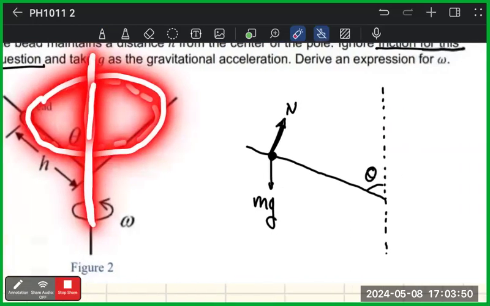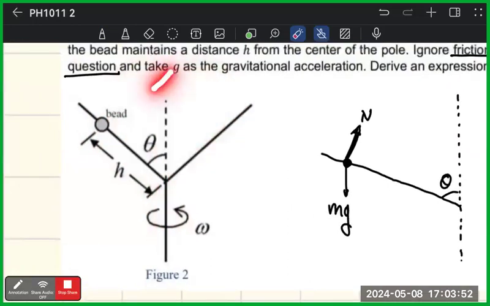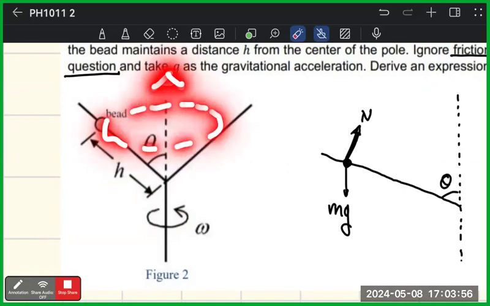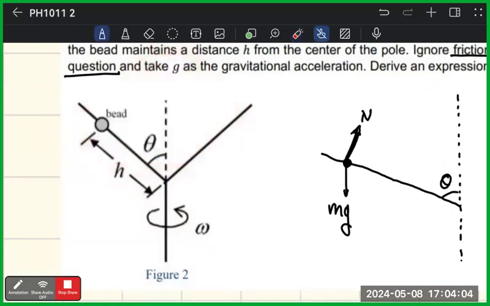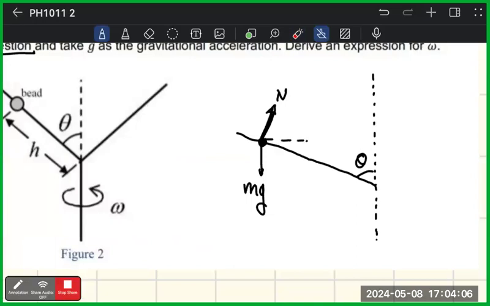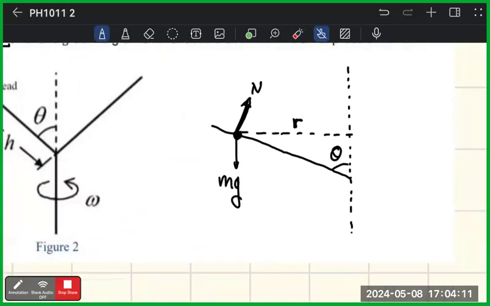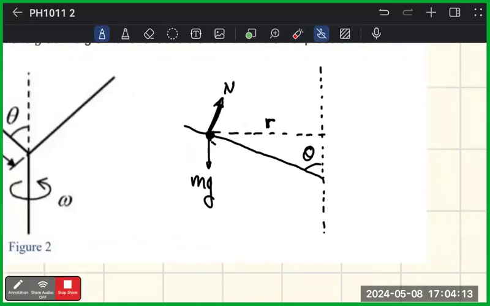If you see it from the top view, it will be rotating with the radius of this much, which is this r, the radius of the motion. I'll draw the circular motion like this.